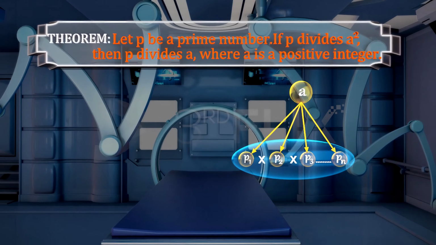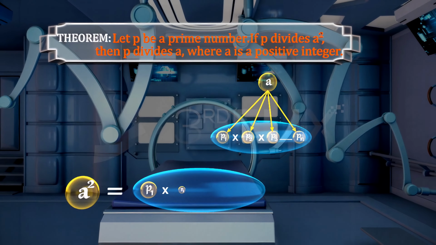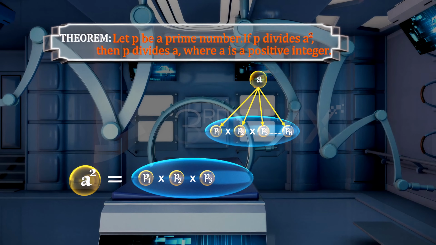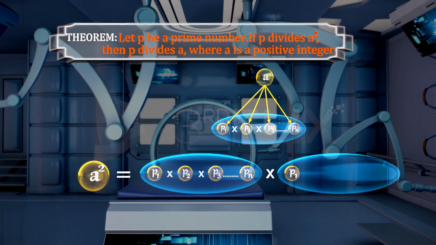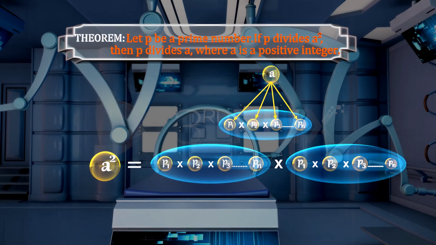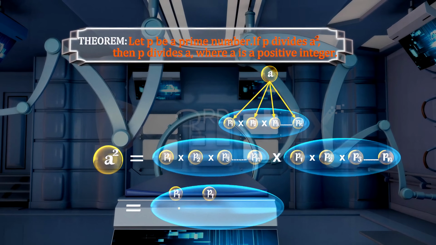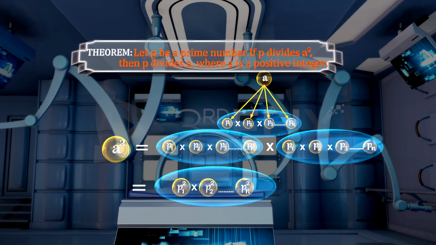Then we get a square is equal to p1 multiplied by p2 multiplied by p3, so on, pn, whole multiplied by p1 multiplied by p2 multiplied by p3, so on, pn, which is equal to p1 square into p2 square, so on, pn square.